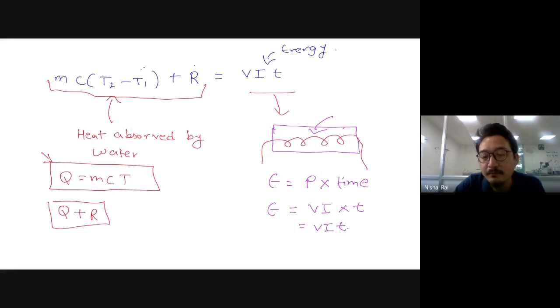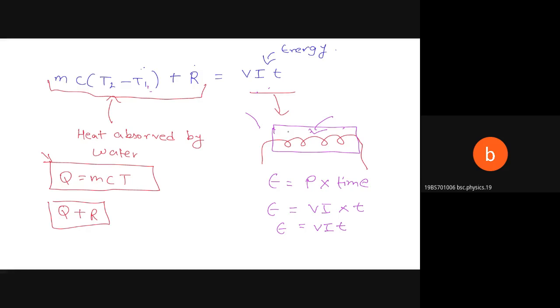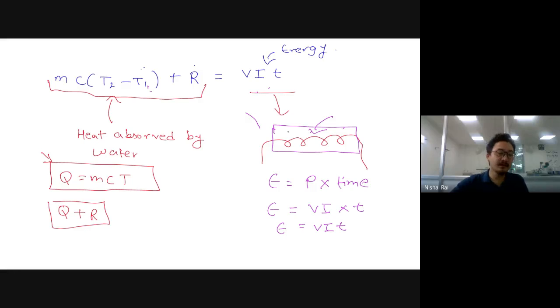Is this point clear? Your rod is producing energy and it is being absorbed by your water. So these two should be equal or not? Should I explain it one more time? Do you know this formula?